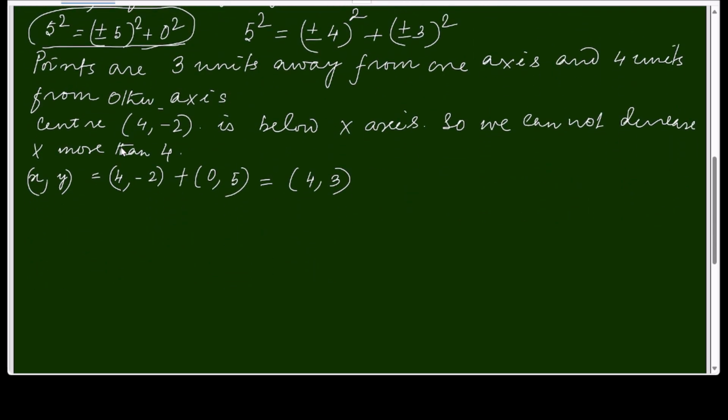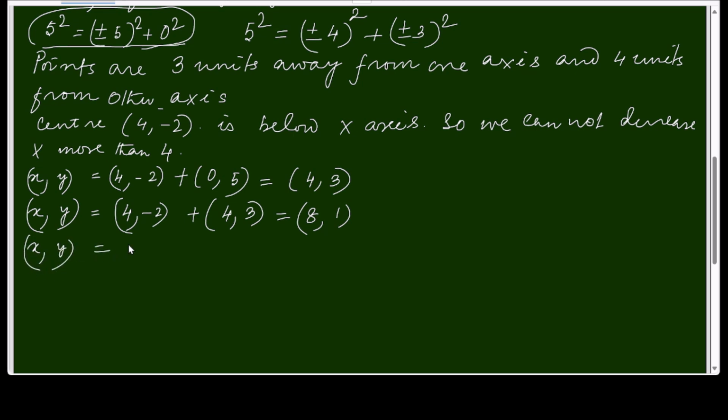Now taking from 4, 3, there are 8 options, but here you won't get all the options. First is 4 comma negative 2. I can take 4, 3. It will be 8, 1. 4 comma minus 2, I can take 3 comma 4.